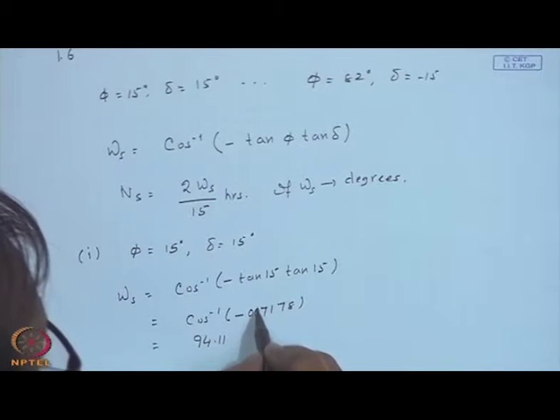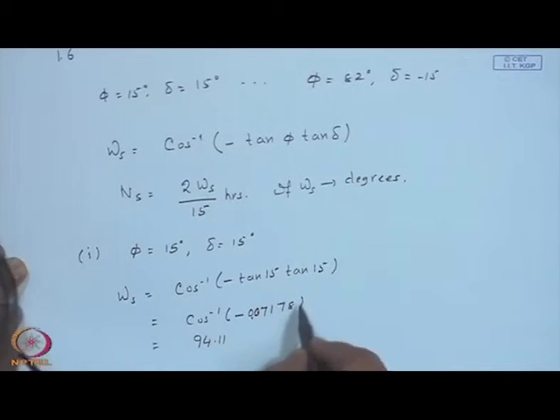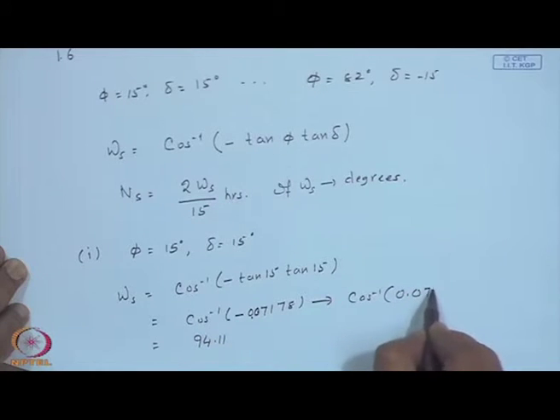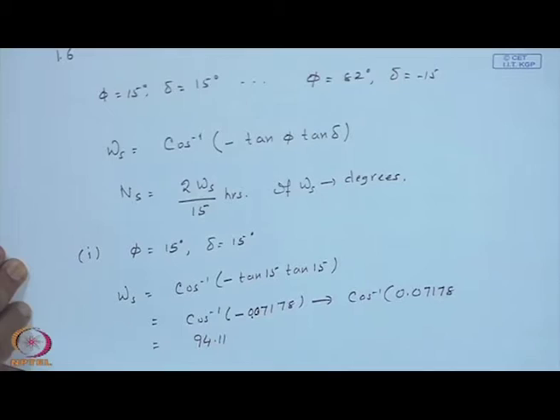Let me rewrite: cosine inverse of minus 0.07178. I was just wondering why this is so close to 90 if it is 0.71. So, 94.11 degrees.